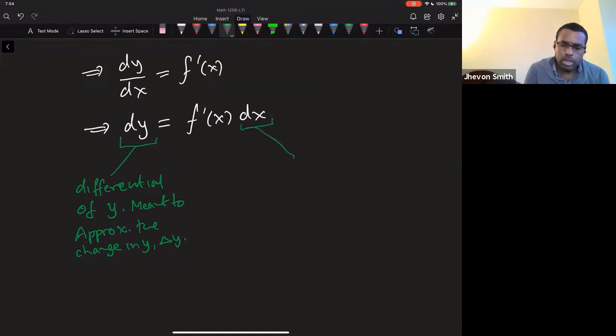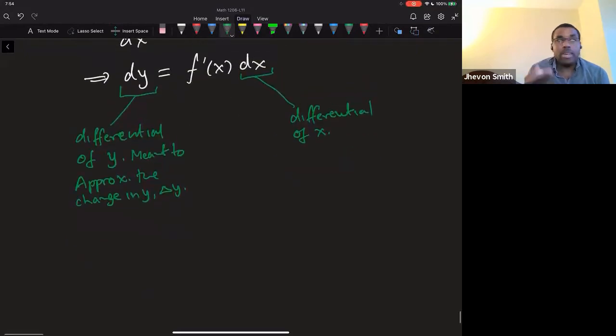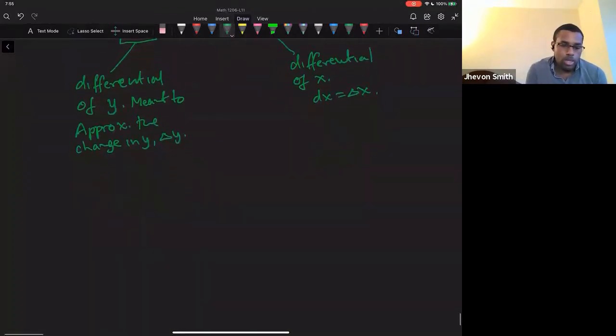This is the differential of x. Now, that is technically an approximation of delta x, but they're actually always the same. Your dx is actually going to be delta x. The reason is it's your independent variable. You're going to know what x value you're plugging in. You're going to know what you want to approximate. But your dy is only approximately equal to delta y.